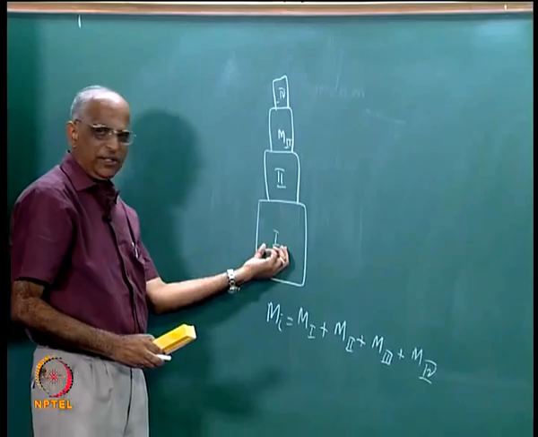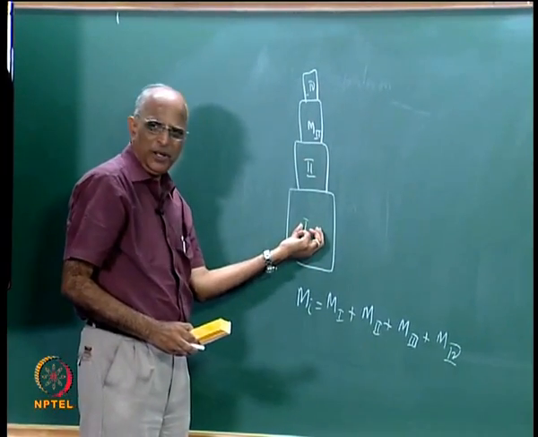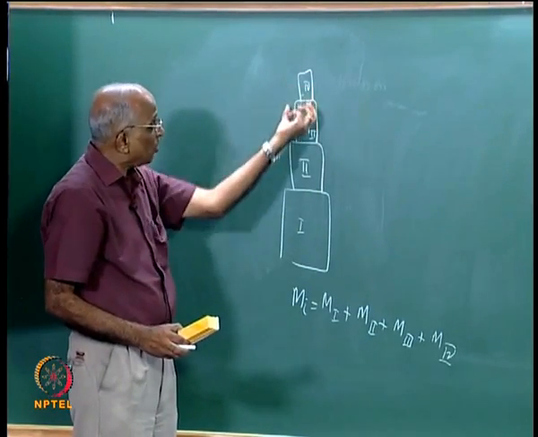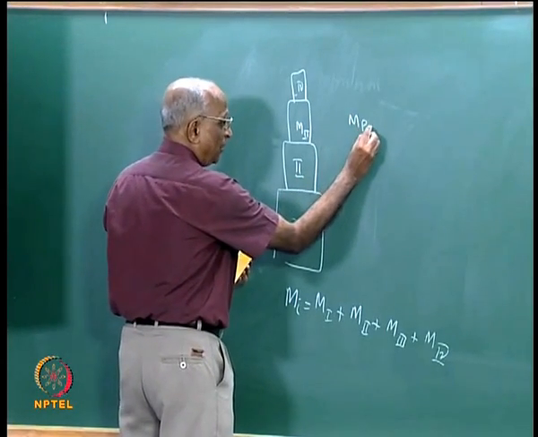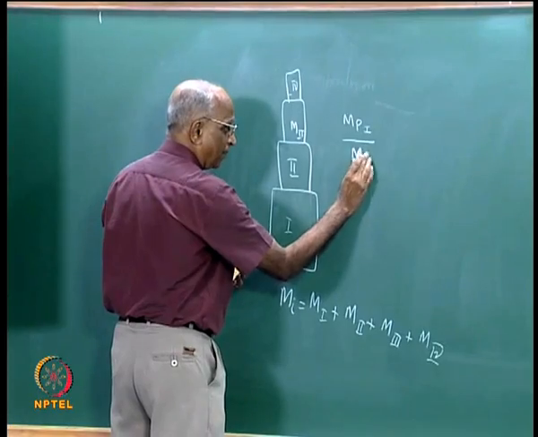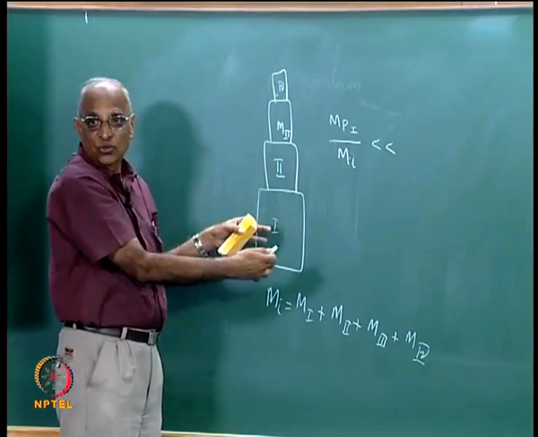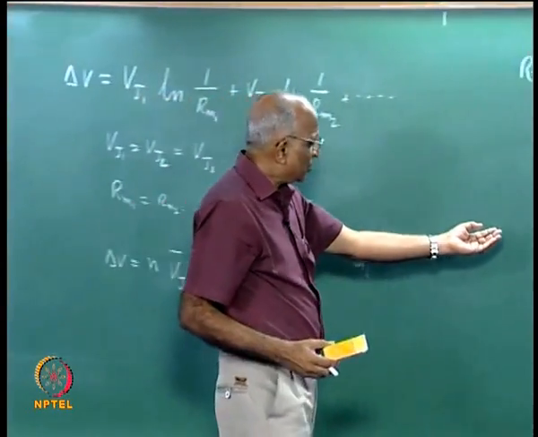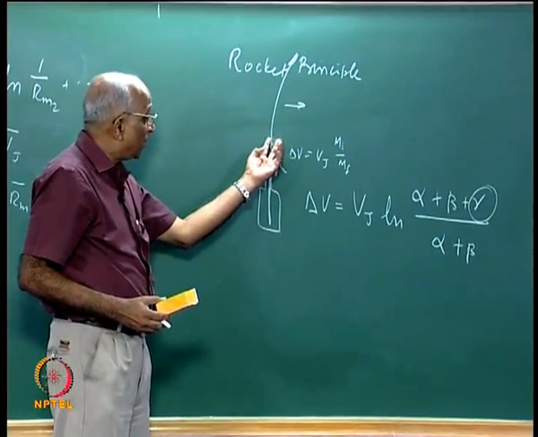Now I have some propellant in the first stage, propellant in the second stage and so on, but whatever propellant I put in the first stage, since the mass of the total thing is so much, the mass of the propellant of the first stage divided by the initial mass of the rocket Mi is going to be small, because it carries so much mass. The case is similar to this one, wherein the structural mass, the inert mass and the payload mass matter.